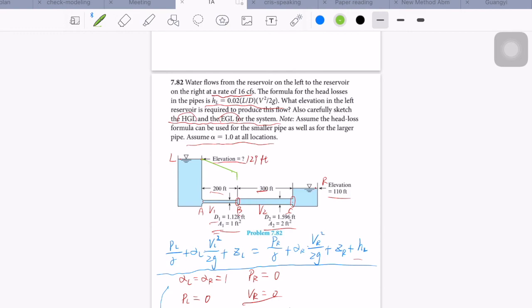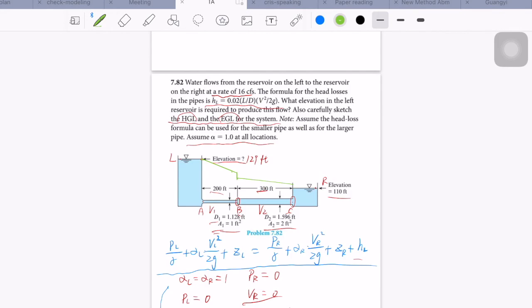And then since the V2 velocity is smaller than V1, the slope of the EGL will be smaller.